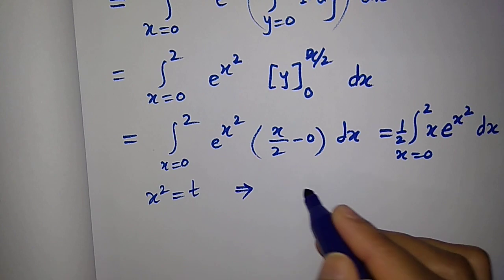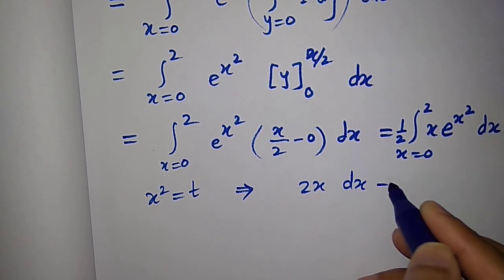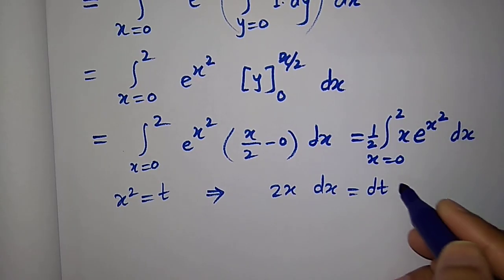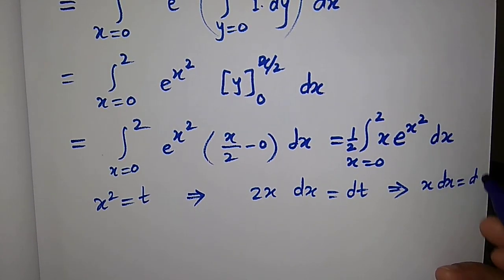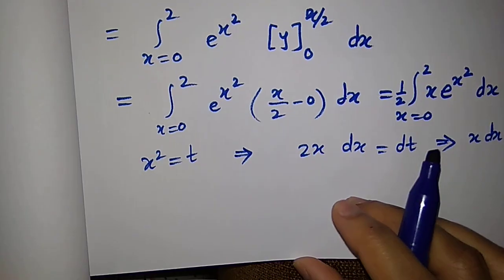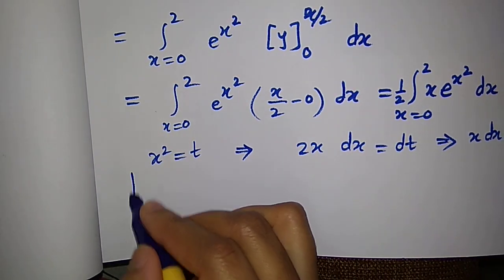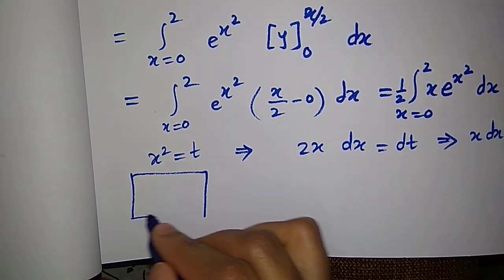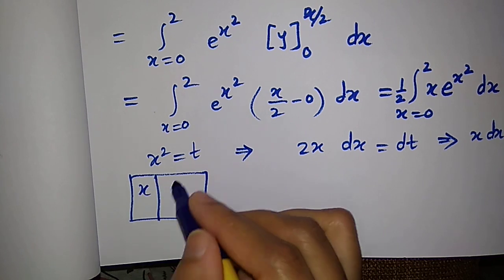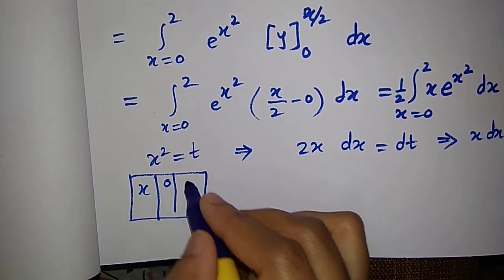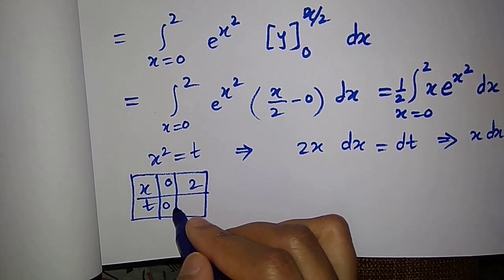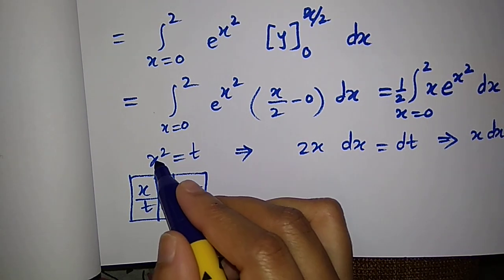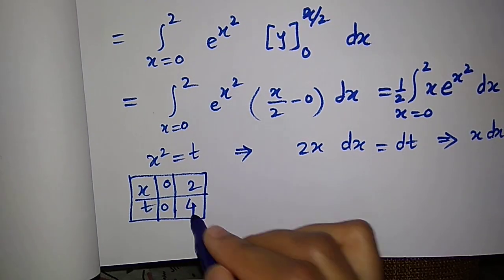So this will imply 2x dx is equal to dt, and hence x dx is equal to dt by 2. Now change the limits. When x is equal to 0, t is equal to 0 square, which is 0, and when x is equal to 2, t is equal to 2 square, which is 4.